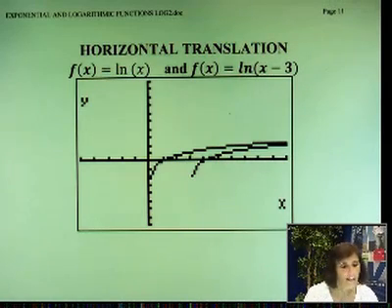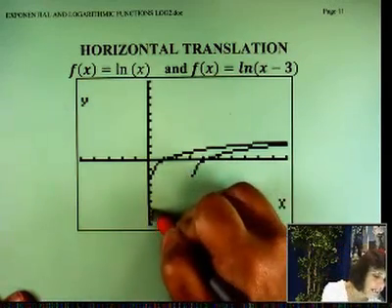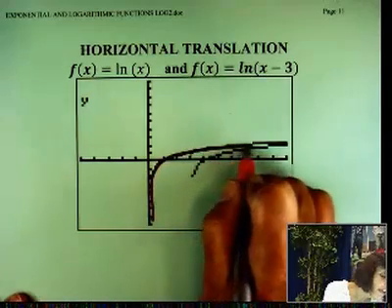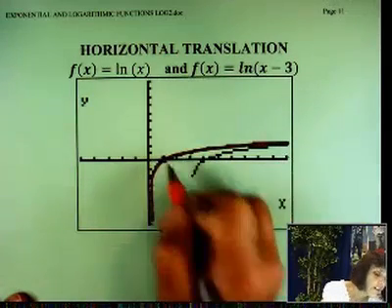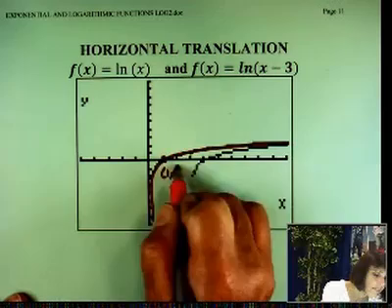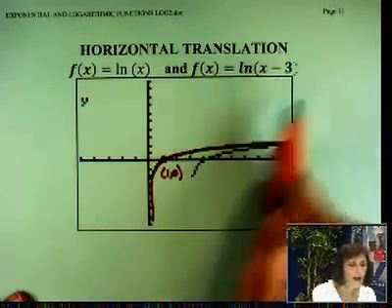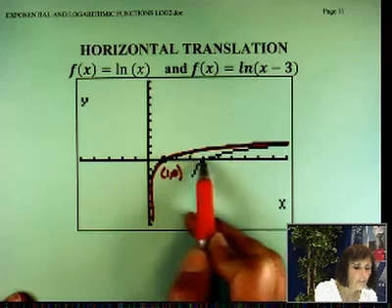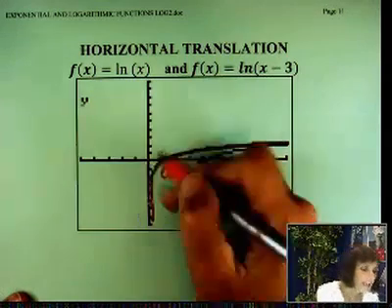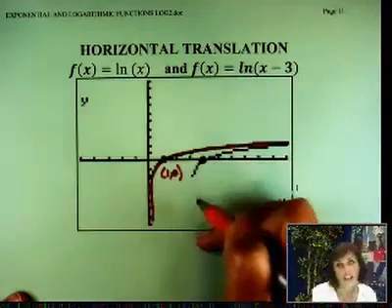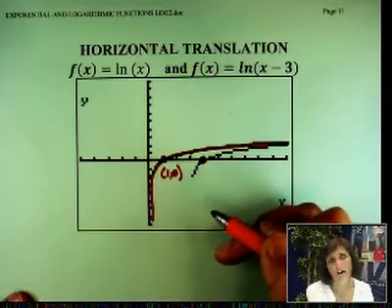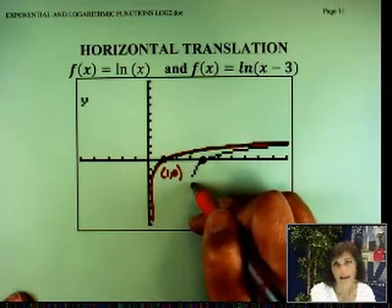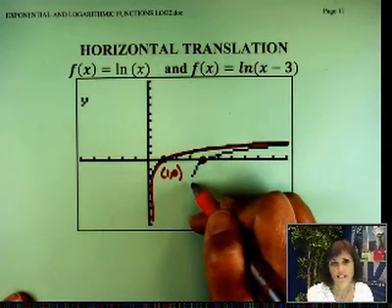Horizontal translation of ln. Let's look at it. Here's ln of x. Here is 1, 0. When you move it to the right, that 1 will become 4. 1, 2, 3, 4. Okay? My vertical asymptote. Here is a drawback of a graphing calculator. What does that mean? It stops in there? No, that's not what it means.